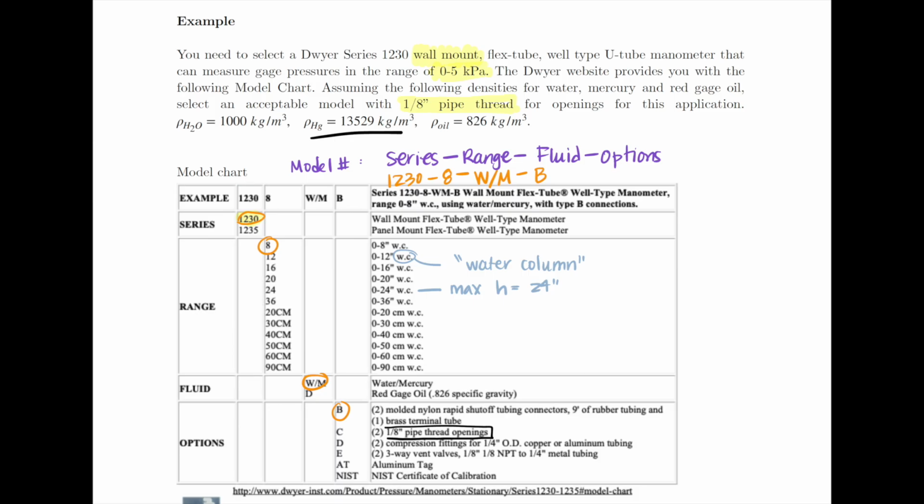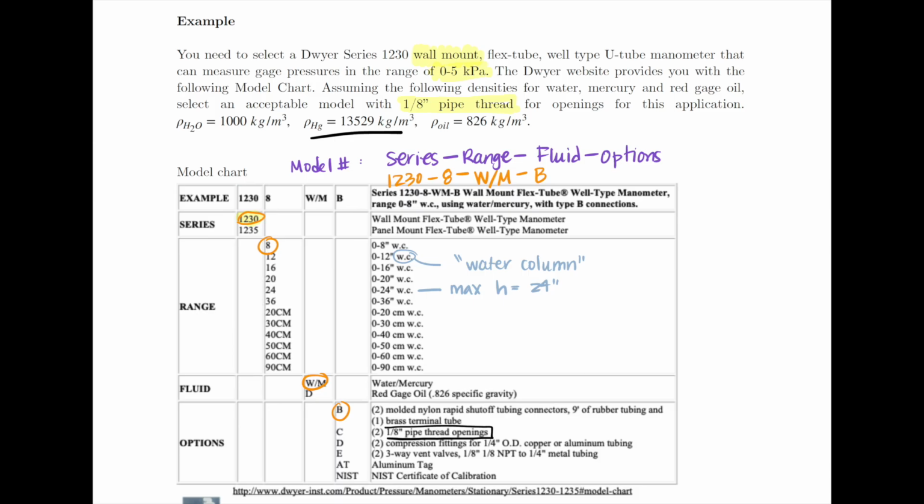Our model number is going to look like this: the series number, dash, the range, which could be 8, then fluid, and then finally options.